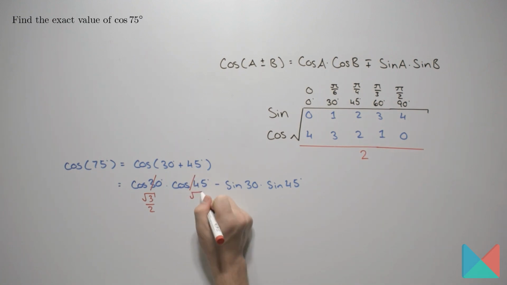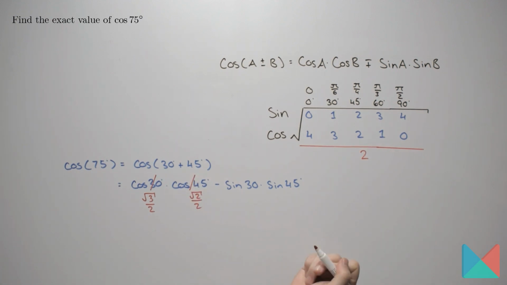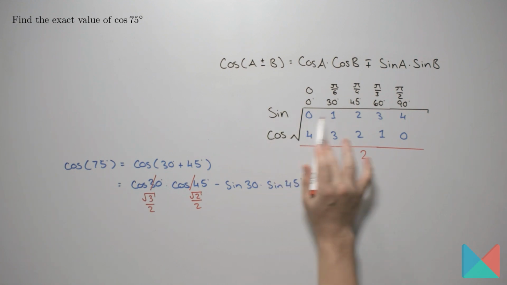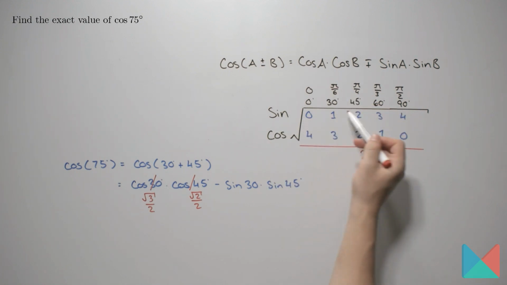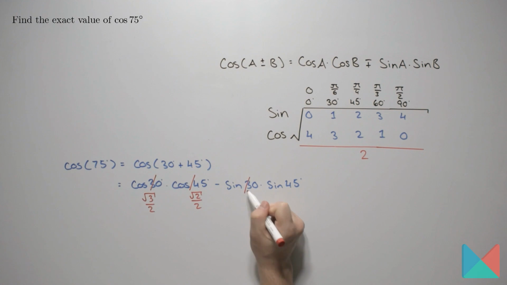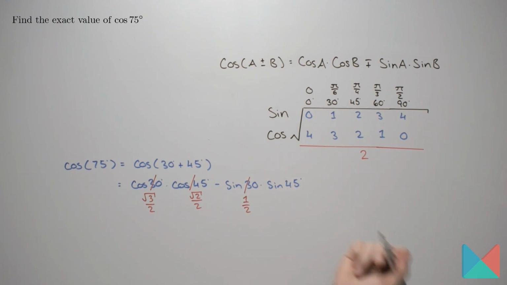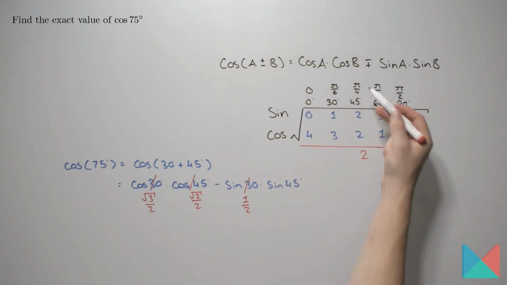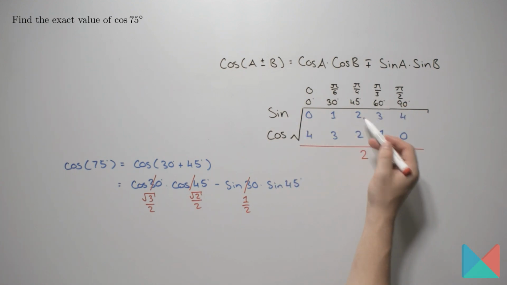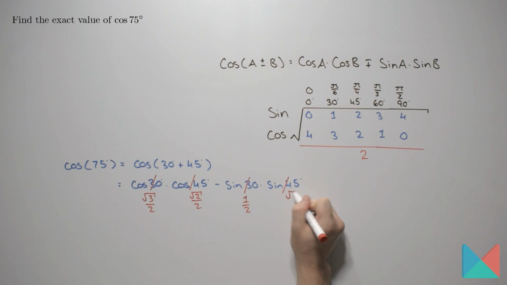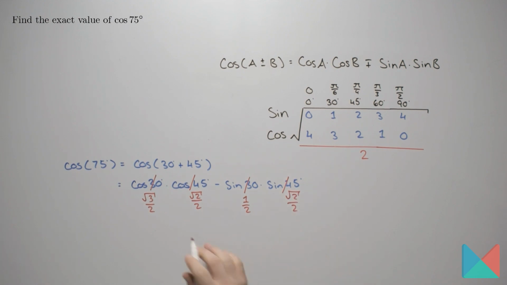So cos of 45 is root 2 on 2. And for sine of 30, we go along the sine row and 30 degree column, and we're at root 1 over 2, which is just going to be 1 over 2. And for sine of 45 degrees, going along the sine row and 45 degree column, we're at the square root of 2 over 2. So these are all our exact values.